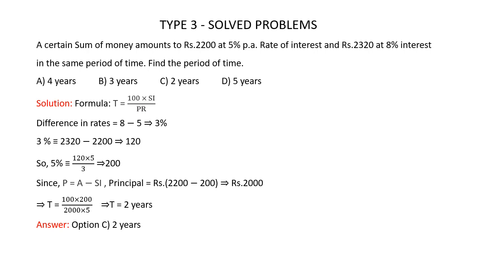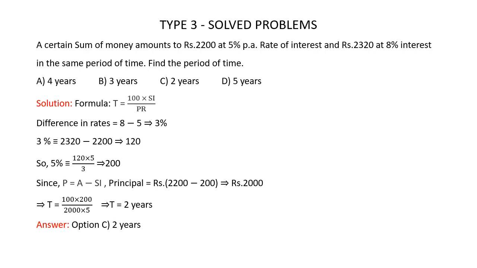So first let's find out the simple interest for the first case. Now it's given that a certain sum of money amounts to rupees 2200 at 5% per annum rate of interest. The same sum of money amounts to rupees 2320 at 8% interest in the same period of time.